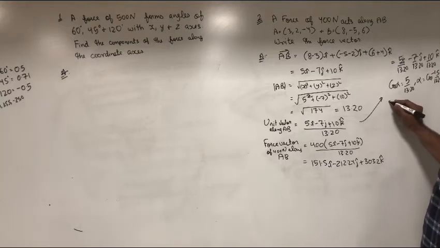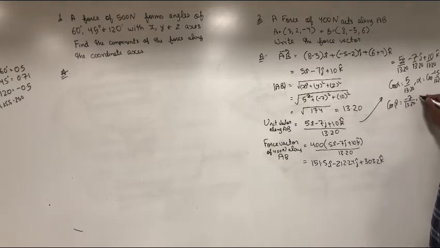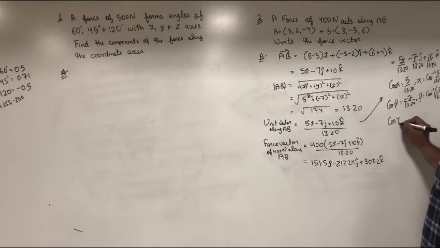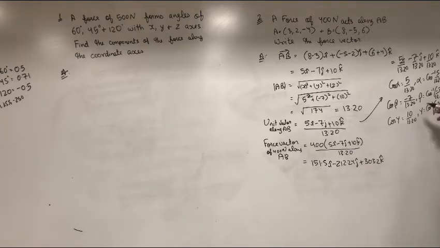And cos beta will be equal to minus 7 by 13.20, so beta will be equal to cos inverse of minus 7 by 13.20. And cos gamma is 10 by 13.20, so gamma is equal to cos inverse 10 by 13.20. That's how you find the inclination with the axis.